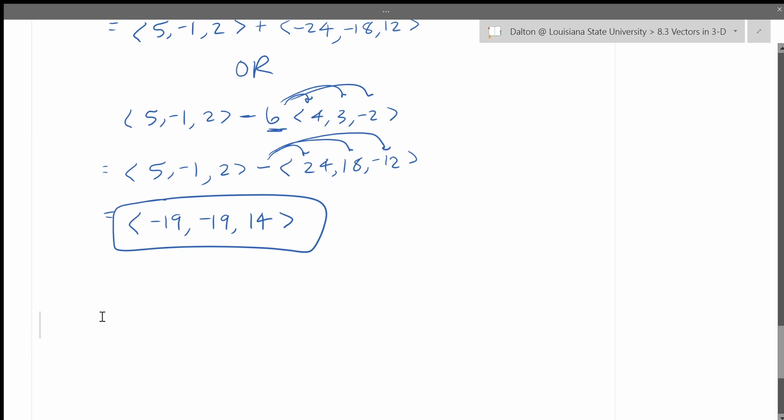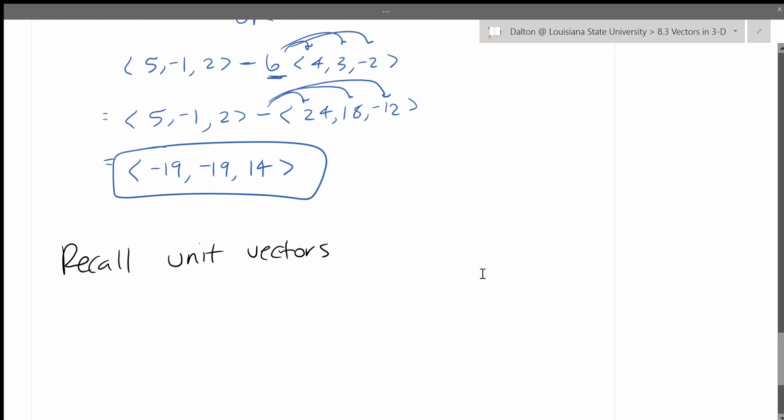Okay. The last thing we want to talk about is unit vectors. From two-dimensional space that we talked about last week, I want you to recall that we had unit vectors. Similar mindset to the unit circle, a unit vector is literally a vector that has a magnitude of 1, in the given direction of the vectors.